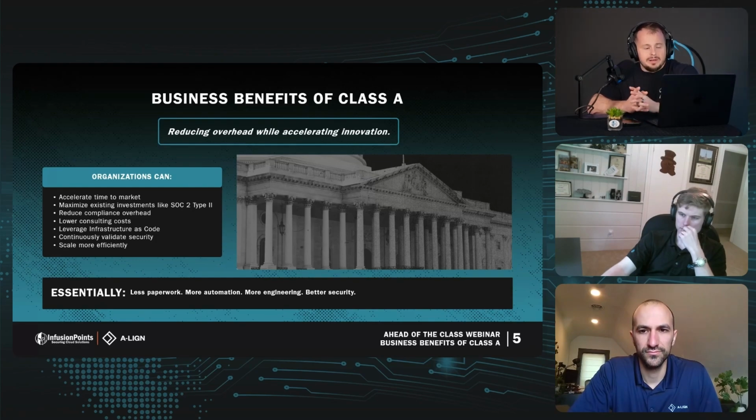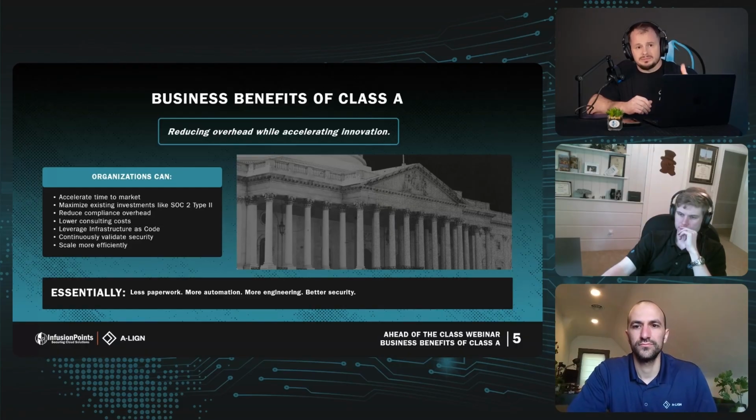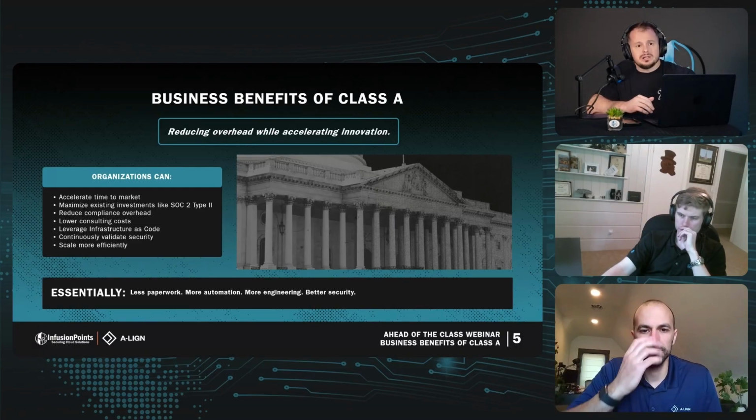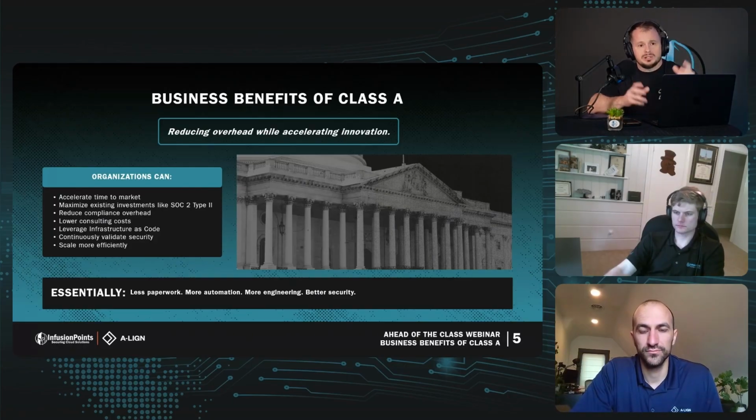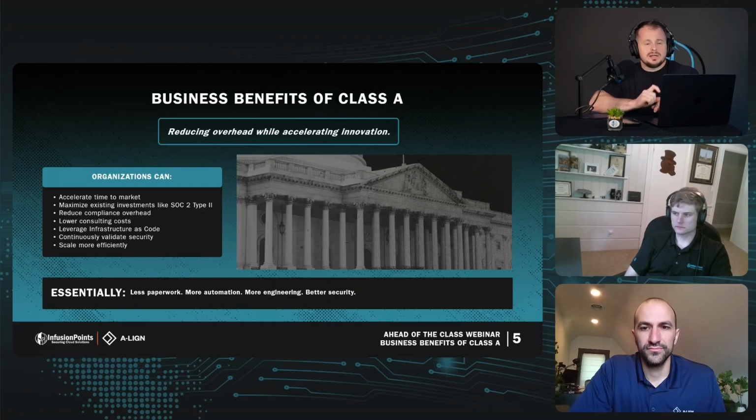Class A now is that opportunity to take your investment that you've already made because, as you just stated, Matt, your organization leads in SOC 2 certifications or working through those assessments there. There's so many individuals and organizations out there that have invested in SOC 2 already. Let's leverage that investment that you've already made and allow you to then step into the FedRAMP marketplace.